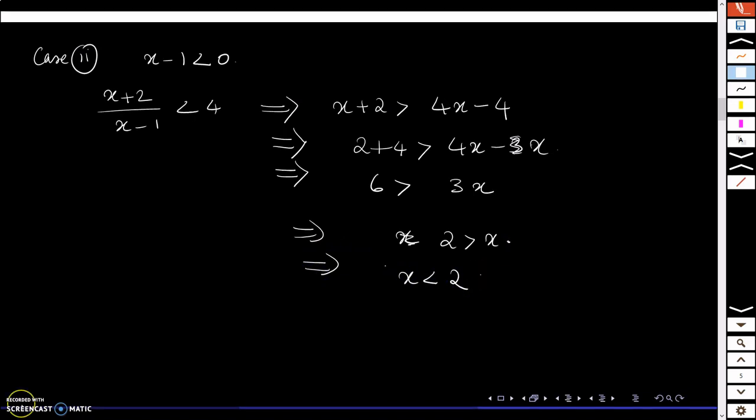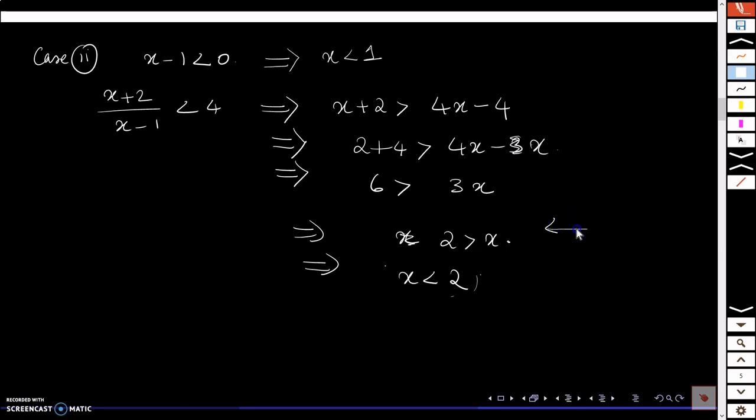Now you need to be careful here, because when you started with case 2, you assumed that x-1 is negative, and this implies x is strictly less than 1. So along with this condition that you have obtained here, that x is less than 2, you should make sure that even this condition which you assumed at the beginning of case 2 is holding true.